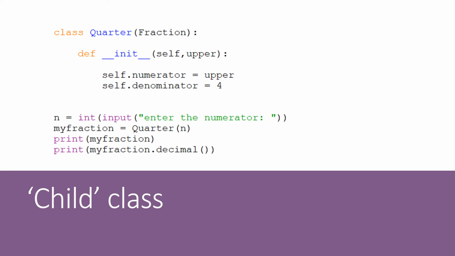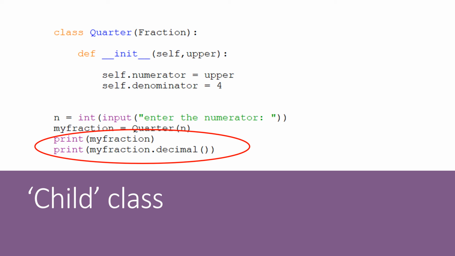And in fact, I have overwritten the constructor, because it only takes one parameter, which is the numerator, and the denominator, if we're talking about quarters, is always 4. And there's our program. Enter the numerator, create a fraction, and then we can print it and show the decimal value. We haven't had to rewrite those methods. We're just using the methods from the fraction class, which we've already defined.